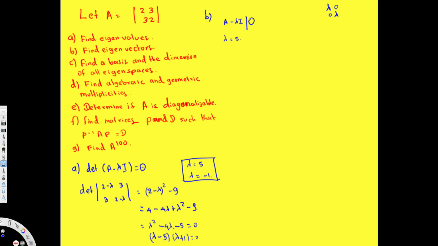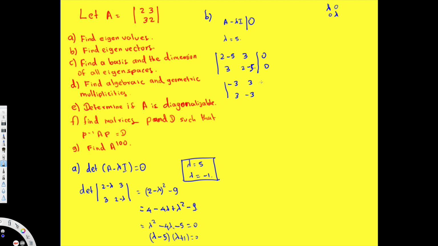I simply substitute 5 for this lambda. So it's going to be 2 minus 5, 3, 3, 2 minus 5, and that's equal to 0. Solving this, it's minus 3, 3, 3, minus 3.